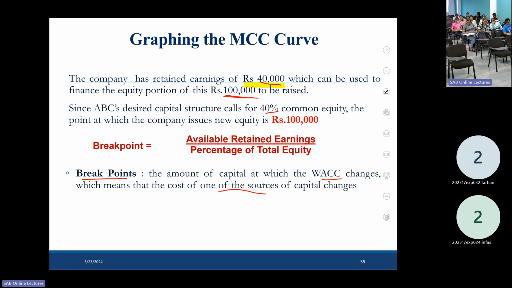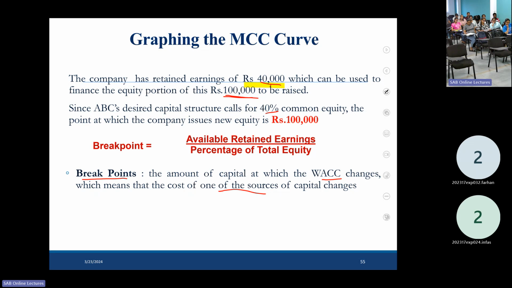You can identify the break point using this formula: break point equals available retained earnings, or available capital, divided by the percentage of total equity. Suppose up to 500,000 you can borrow at 10%.